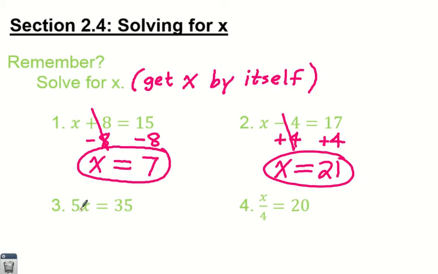In number 3, what does this say? This says 5 times x. So what's the opposite of multiplying, in order to get that 5 out of there, so x is by itself? We would divide by 5. All right?